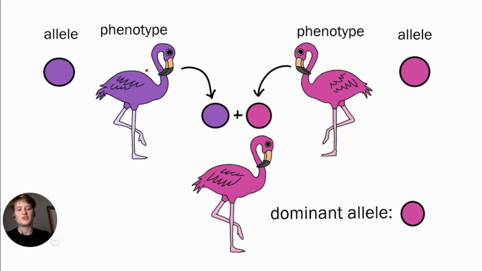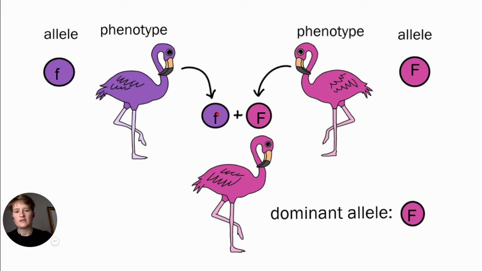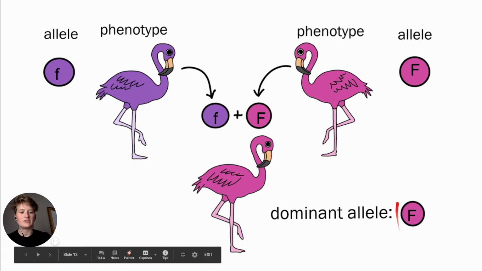Which trait is dominant? The answer is the pink feathers. And we can tell because when they cross, even though this flamingo will carry the purple trait, its feathers are pink because the pink allele is dominant.